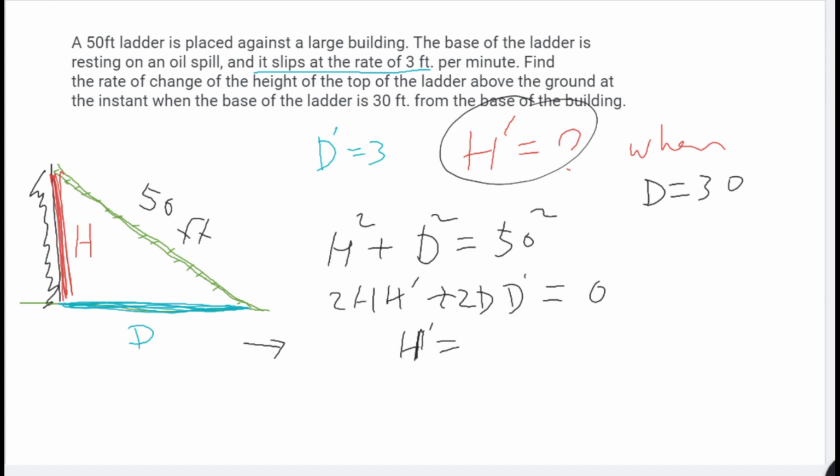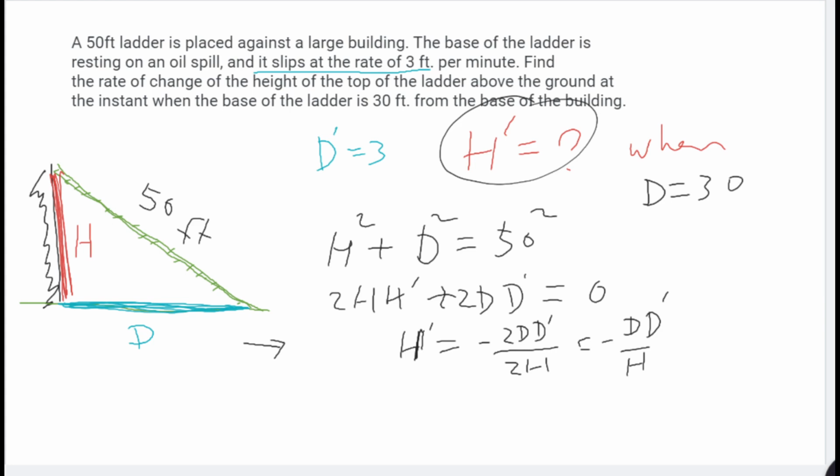We can have negative 2D D prime divided by 2H. Basically move the D term to the right side and divide by 2H. So H prime is negative D D prime over H. All right, so we solve for H prime.